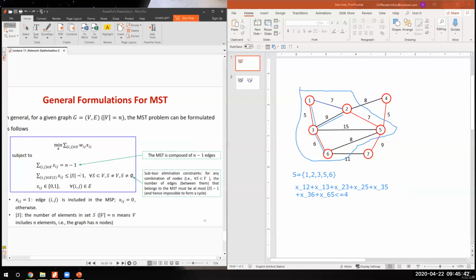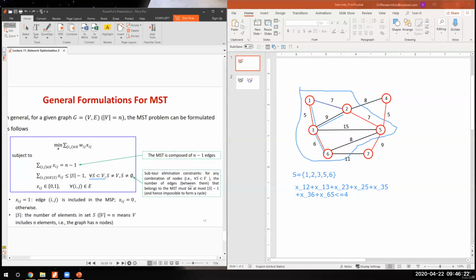However, don't forget that this is for any S in V. In other words, you have such a constraint for S equal to {1, 2, 3} as well. And from there, you have x12 plus x23 plus x13 less than or equal to 2, which prevents you from making such a selection. See it? That's the reason why, as long as I list this constraint for all subsets of V, I eliminate all the possibilities of subtours.